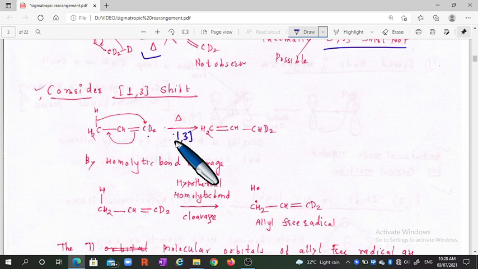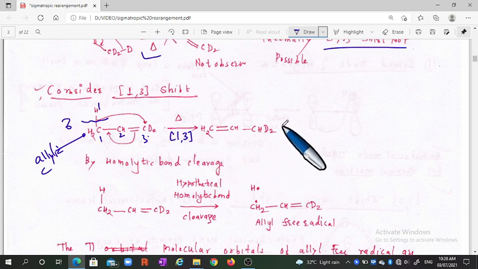That reaction is nothing but our 1,3 sigmatropic reaction, because the sigma bond is breaking and that is the allylic carbon. We start the numbering from the allylic carbon: 1, 2, 3.